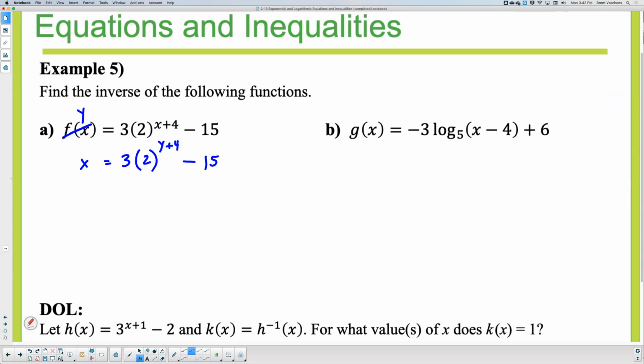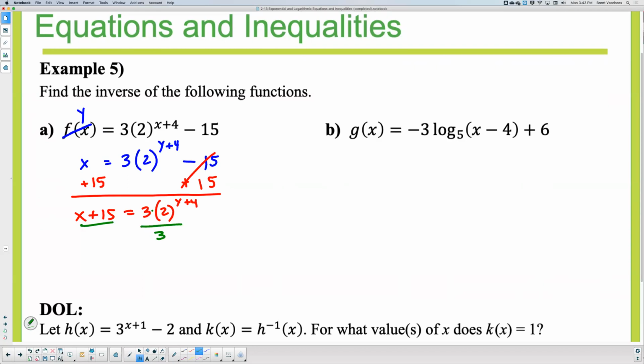So I'm going to add 15 to both sides. And this negative 15 does not combine with the 3 because that 3 is multiplying. So I have x plus 15 equals 3 times 2 raised to the power of y plus 4. Now that 3 is multiplying, as I mentioned a second ago, so what I'm going to do is divide by 3.